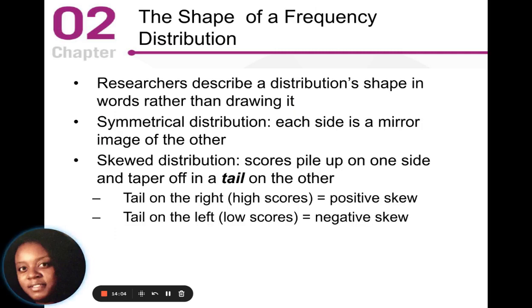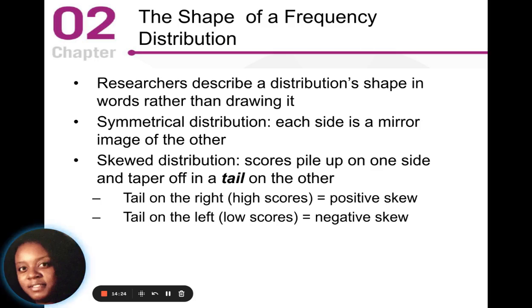When it comes to the shape of a frequency distribution, researchers describe a distribution shape in words rather than by drawing it. A symmetrical distribution is going to have each side that mirrors the image of the other. A skewed distribution is going to have scores that pile up on one side and taper off with the tail.